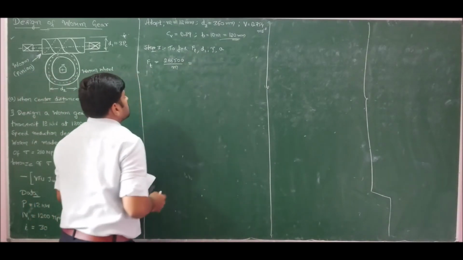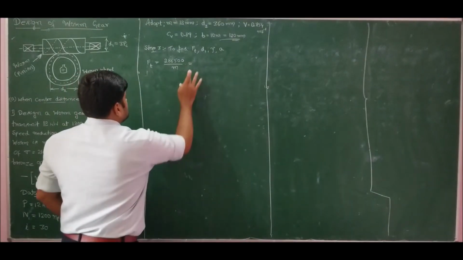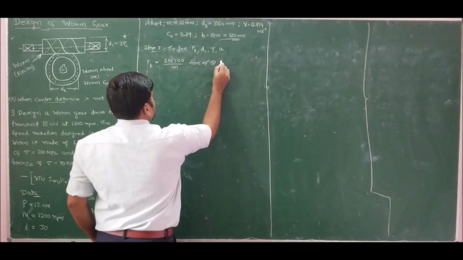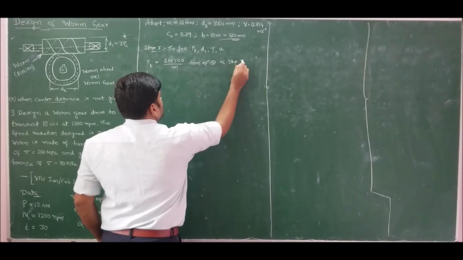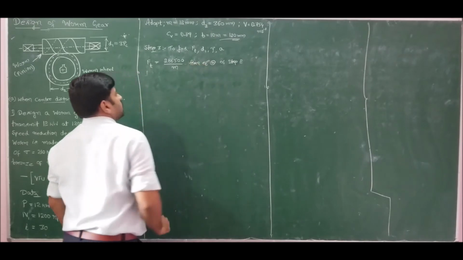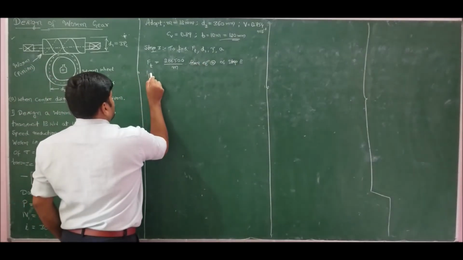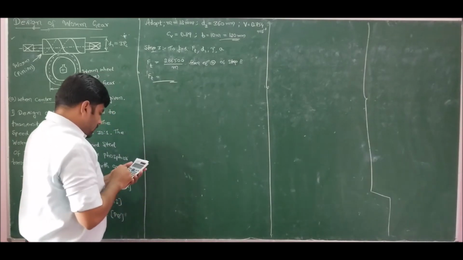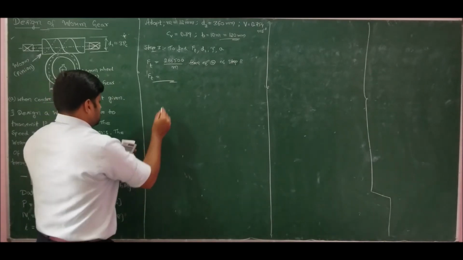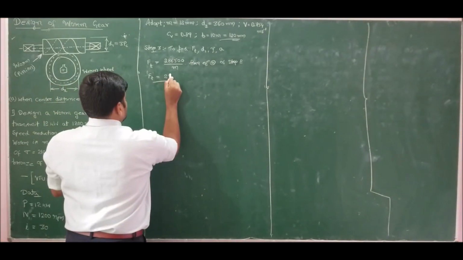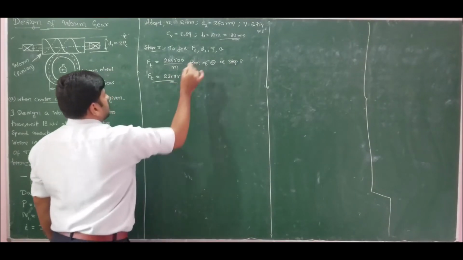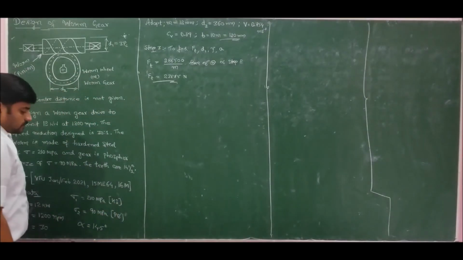So substituting the module as 12, Ft turns out to be 2,86,500 divided by 12, which is 23,875 newtons.